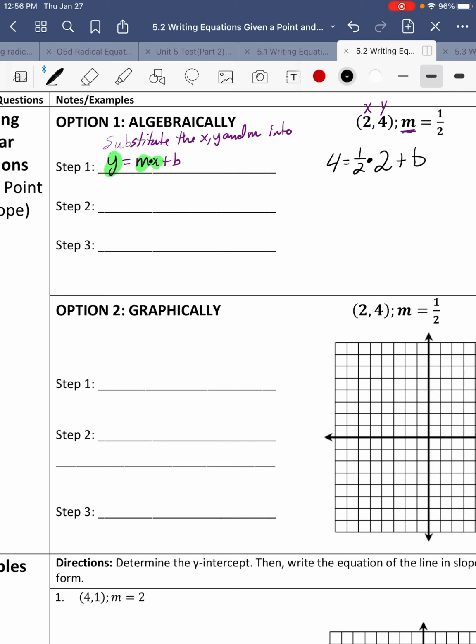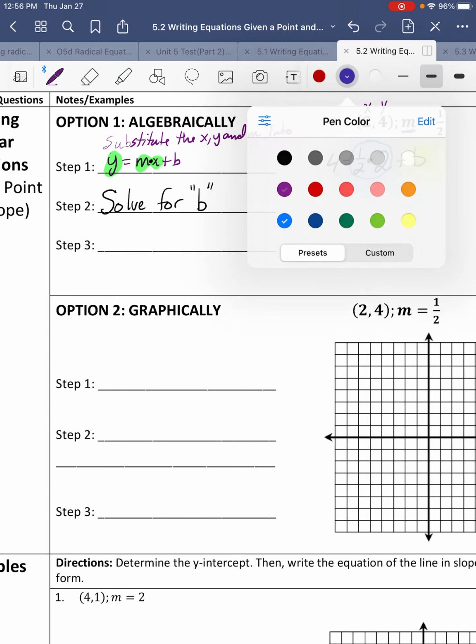And then we simplify or solve. Next step is solve for b. So you're going to get the b by itself. So your goal now is to get this b, so the equation says b equals a number. So the first step I'm going to do here is multiply 1/2 times 2.